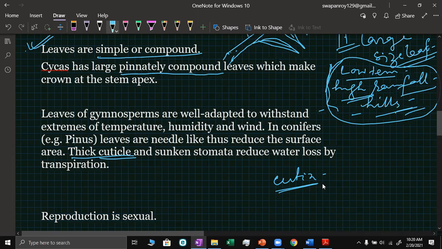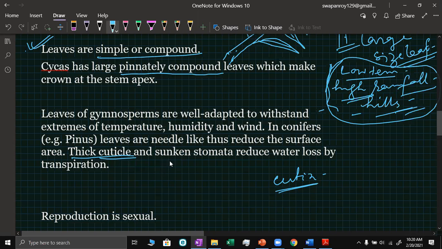The thicker the cuticle, the less water can pass through it, so the transpiration will be checked. So in xerophytes, the cuticle is thick. In hydrophytes, cuticles are very thin or absent.